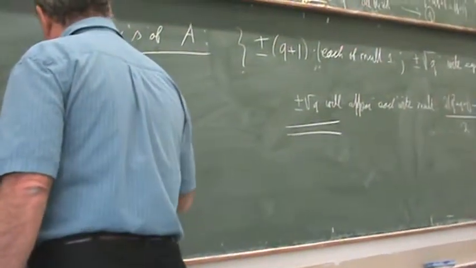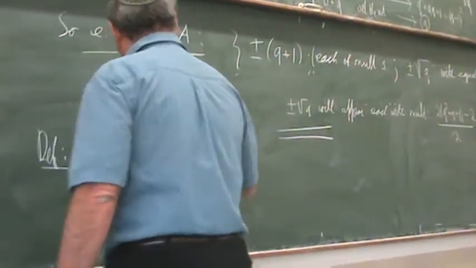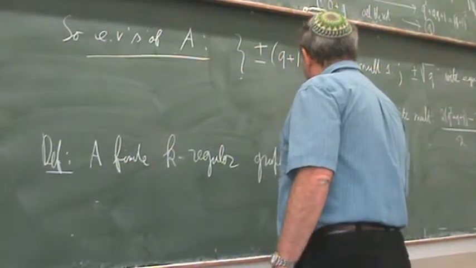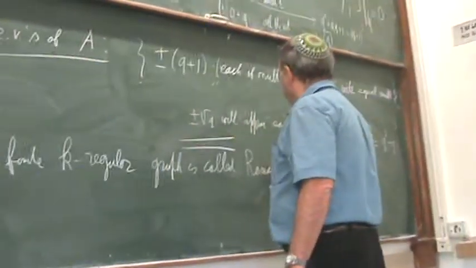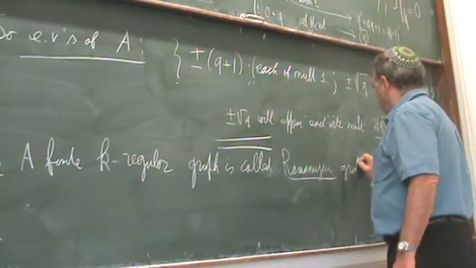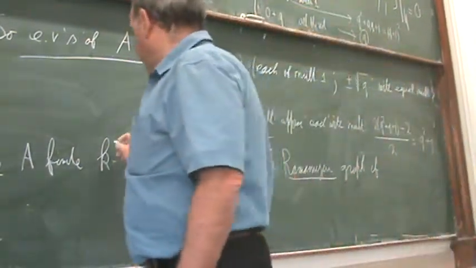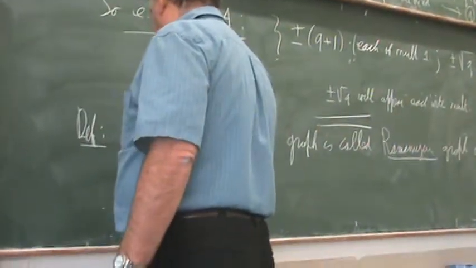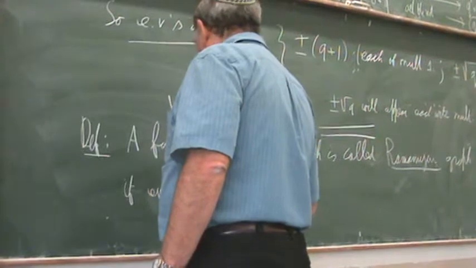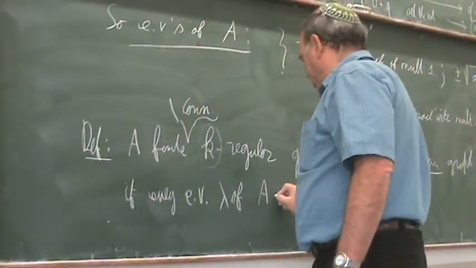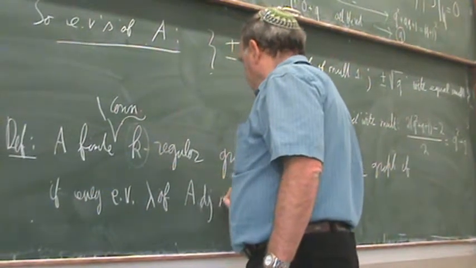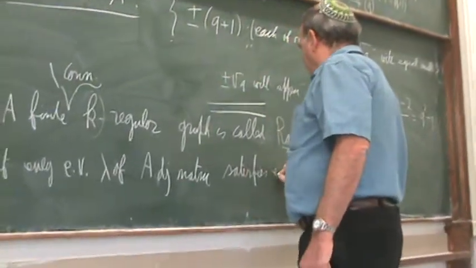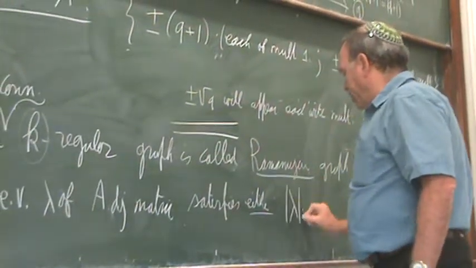Definition: a finite k-regular graph is called a Ramanujan graph if, say, it is connected, and every eigenvalue lambda of A, the adjacency matrix, satisfies either lambda with absolute value equal to k.